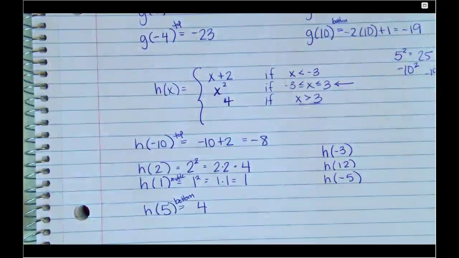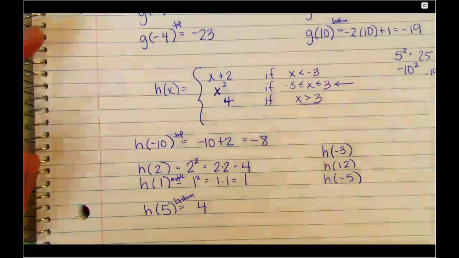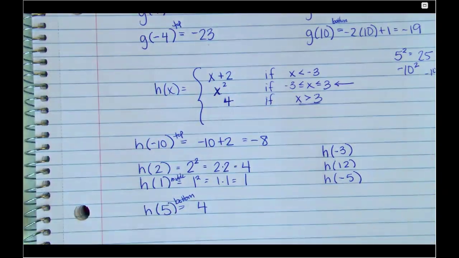And then we will move on from this. If you do that, you have to use parentheses around it.